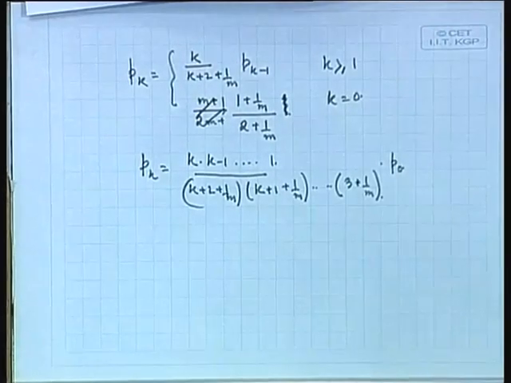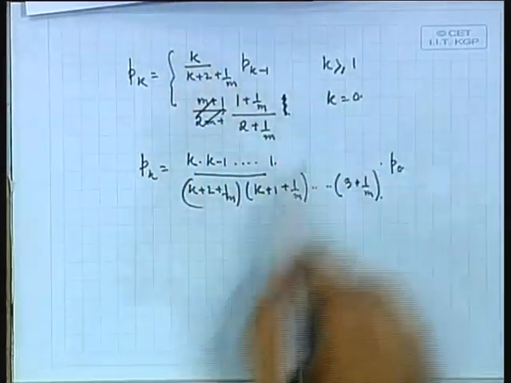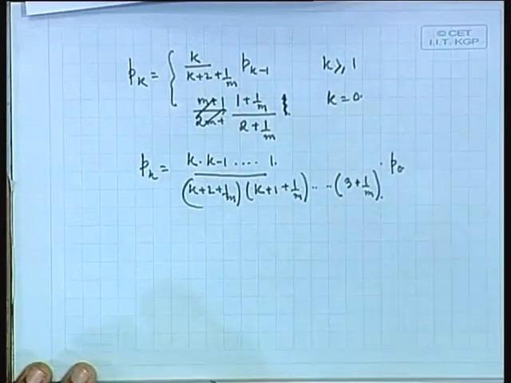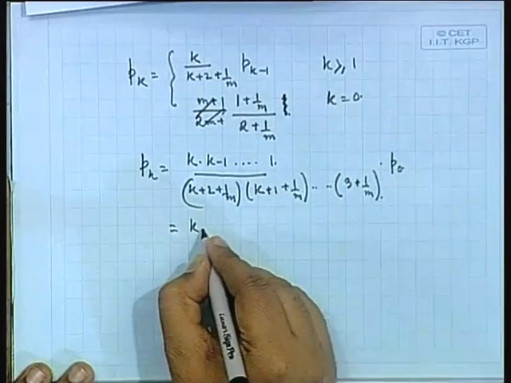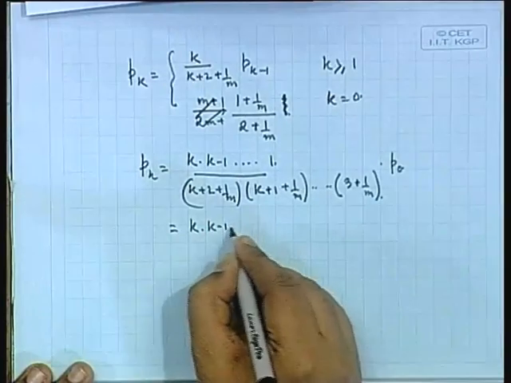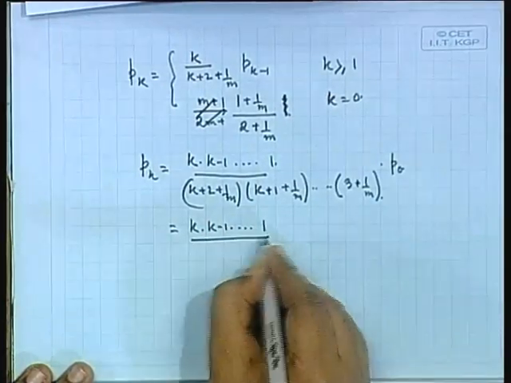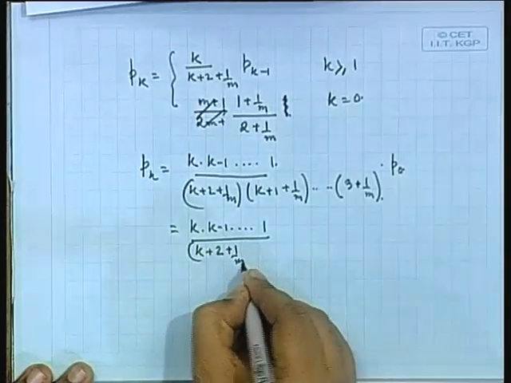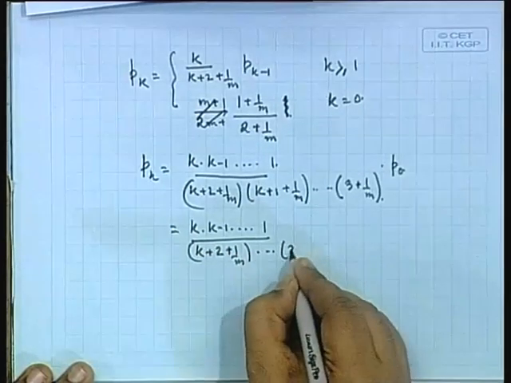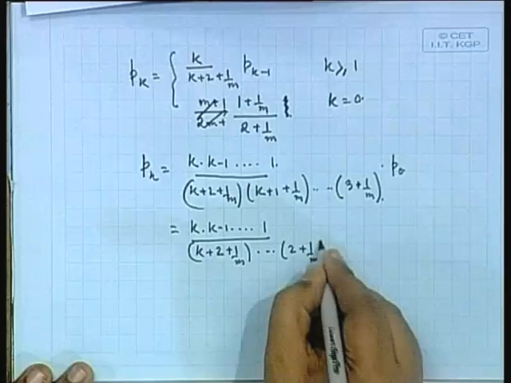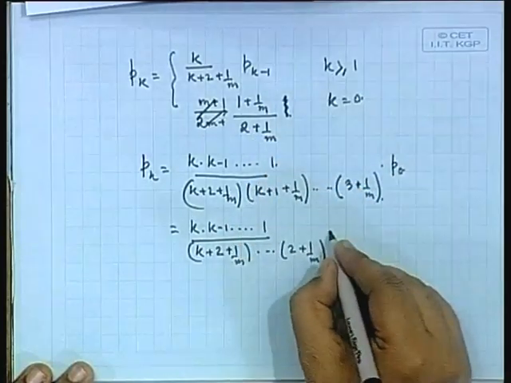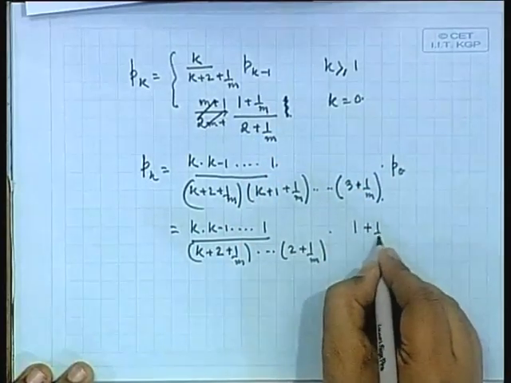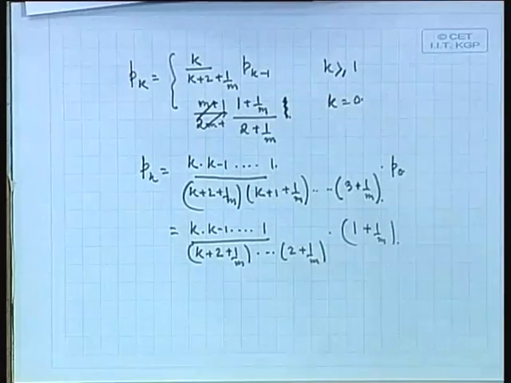Okay. You can see that it goes on this recursion, and this again we can write as k minus 1, k plus 2 plus 1 by m, up till 2 plus 1 by m, because this is 2 plus 1 by m, and a 1 by m stays.